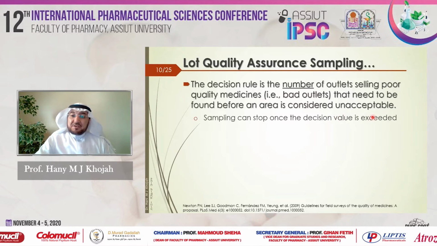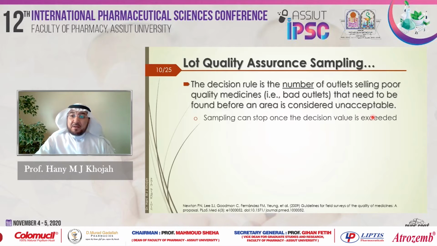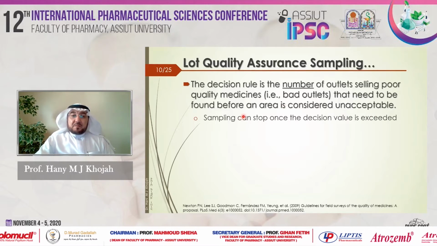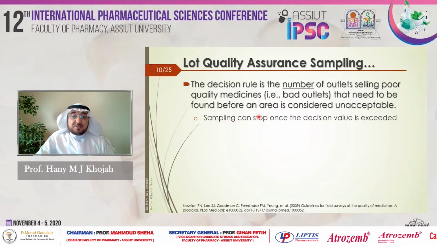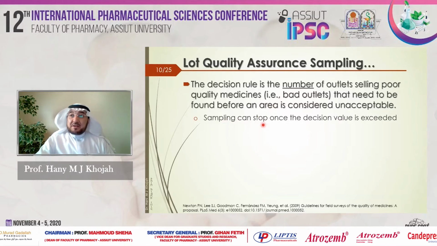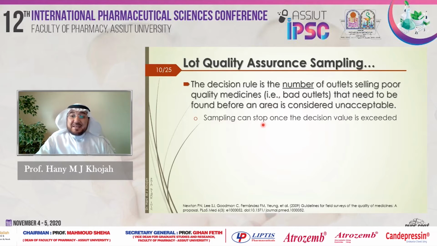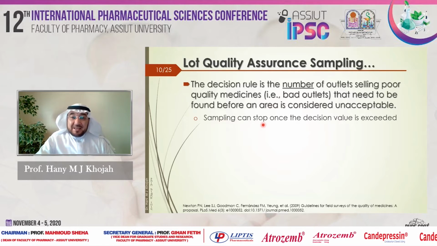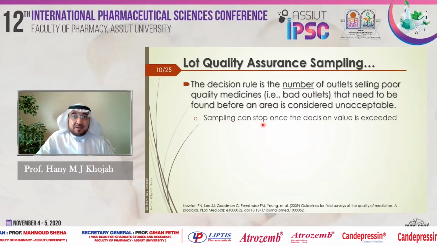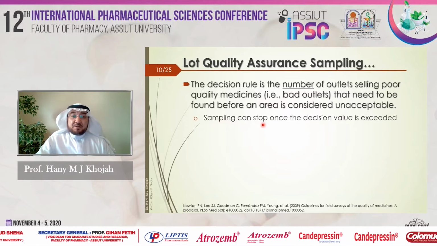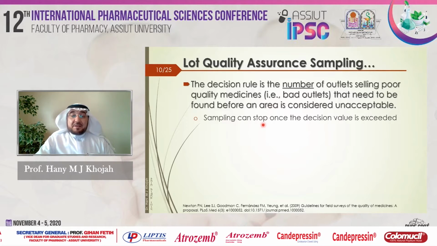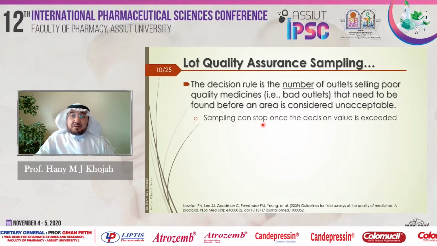There is one advantage here in sampling. It is actually related to the decision rule. I can stop sampling whenever I exceed this decision value. I can stop sampling. Let's say the formula calculated 40 pharmacies for me, and the decision rule is 3.